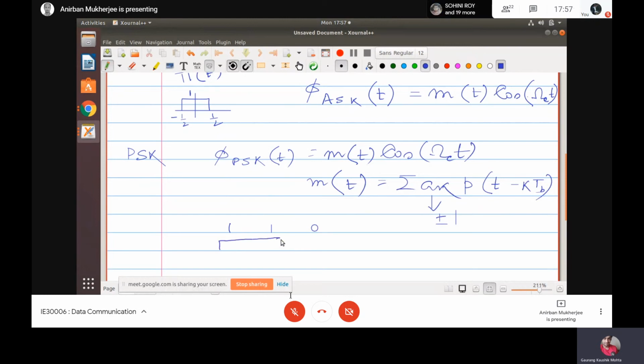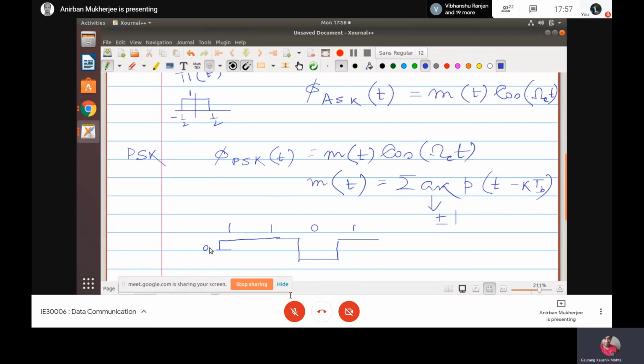Like this, then negative, because this is your 0 line, then 1.